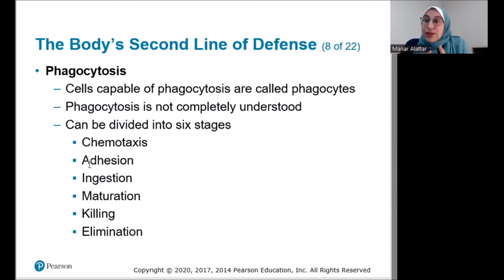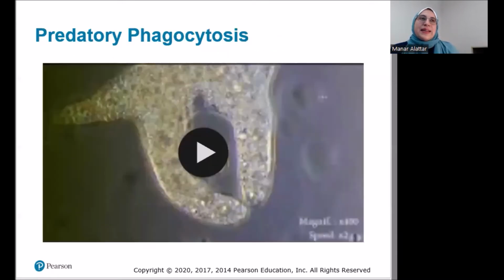And then it fuses to those vesicles lysosomes, which are digestive vesicles. And then those enzymes that are released from the lysosomes essentially digest that pathogen or that lunch particle. And then sometimes the particles are eliminated by white blood cells, and sometimes they're actually retained. It just depends on the type of white blood cell.